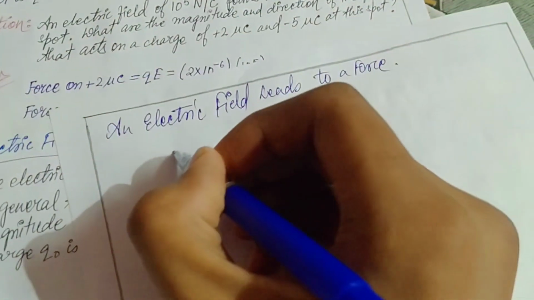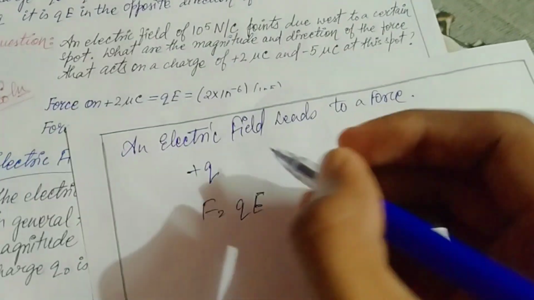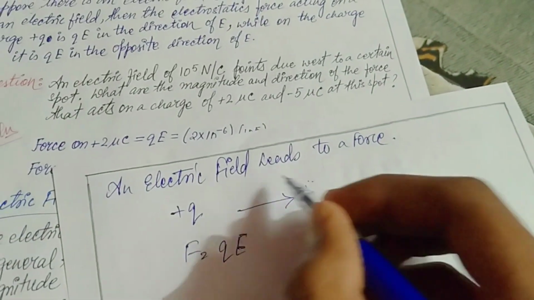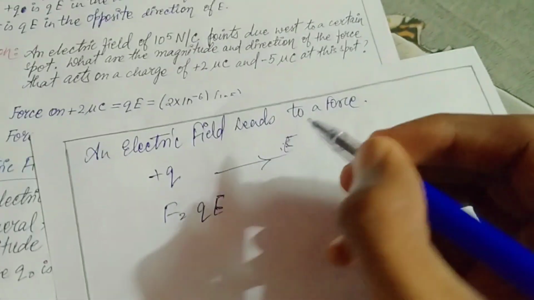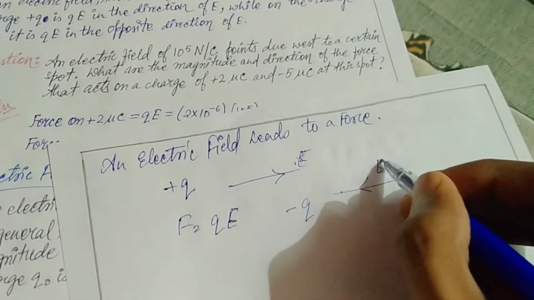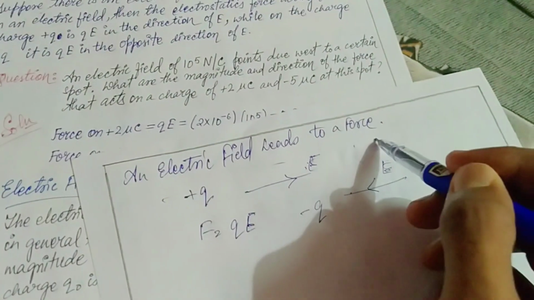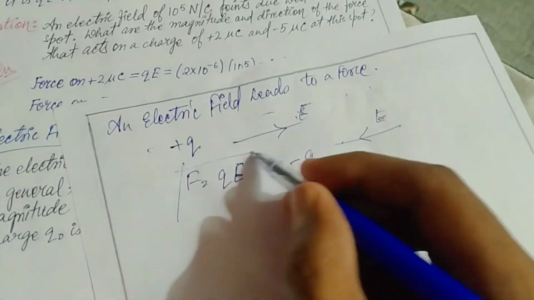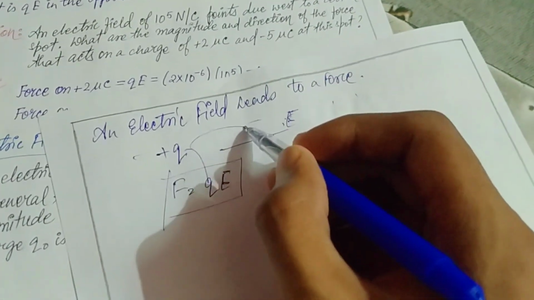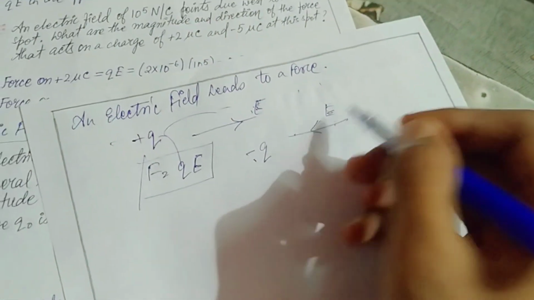If the charge is positive, the direction will be along the direction of E, and if the charge is negative, the direction will be opposite to E.